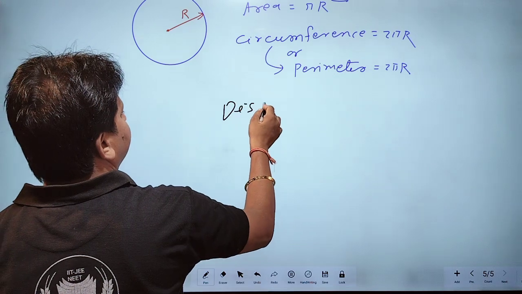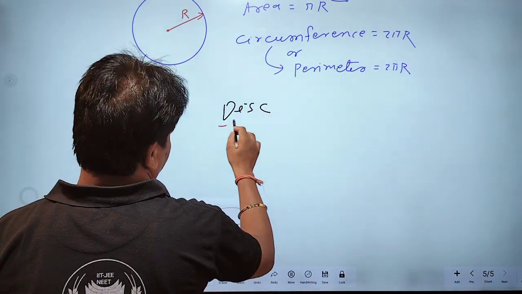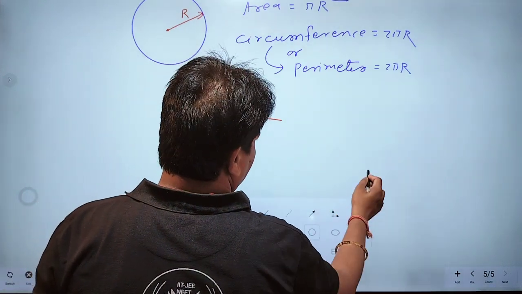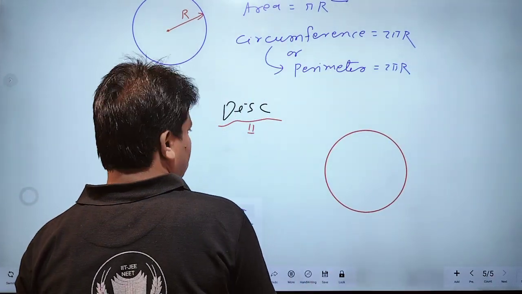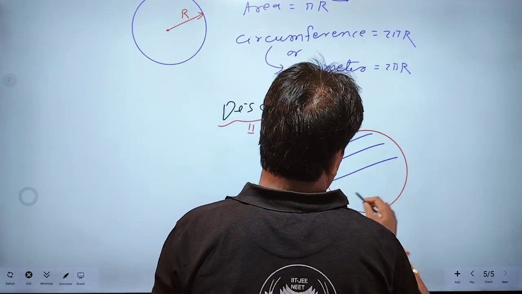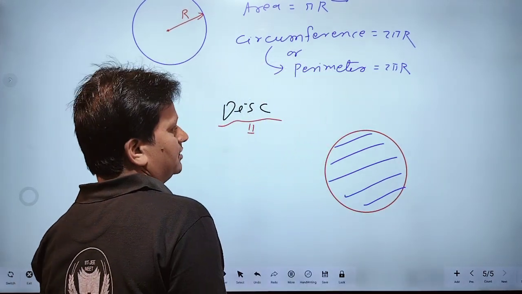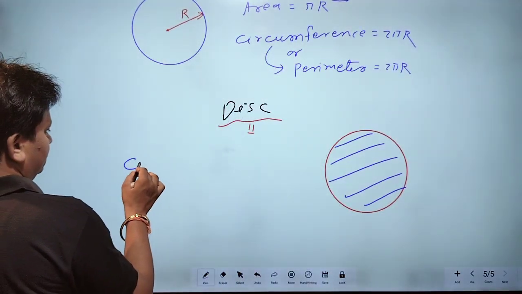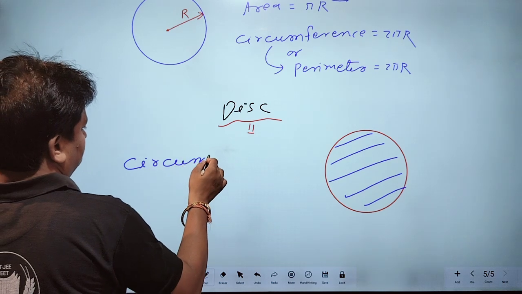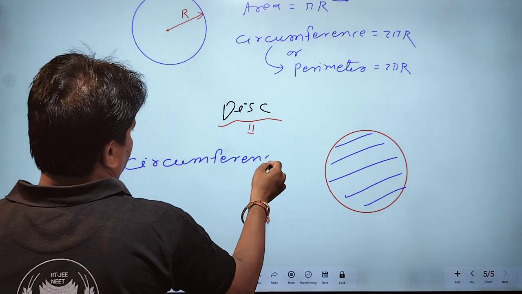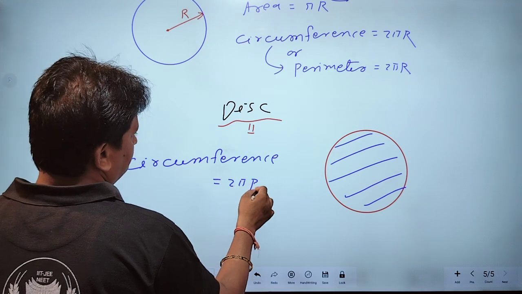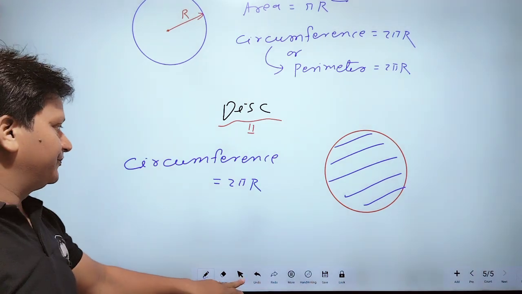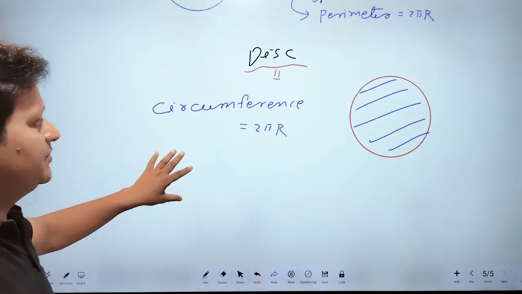Disc. This is a disc. Circumference of this disc will be 2 pi r, okay?